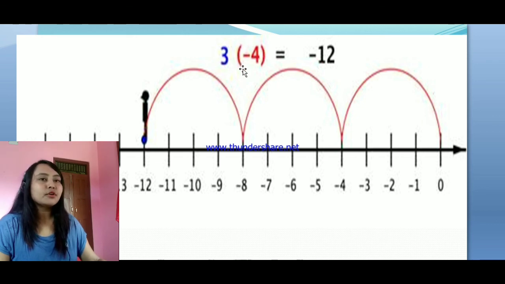So starting from 0, -1, -2, -3, -4. And that is one jump. Another jump for 4 steps. Another jump for 4 steps. So here it will conclude at -12, and 3 into -4 is also equal to -12.